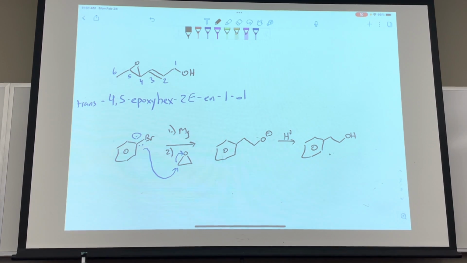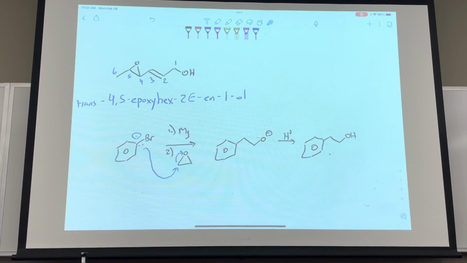Over on the left, is that a negative charge? Yeah, because that's how the Grignard reagent always behaves, as if it is a carbanion. So once the bromine comes off, then it's the negative? Yeah, so the actual mechanism involves the magnesium inserting itself in between the ring and the bromine.